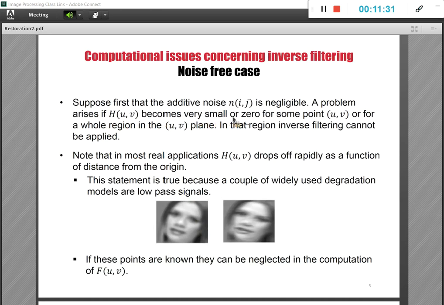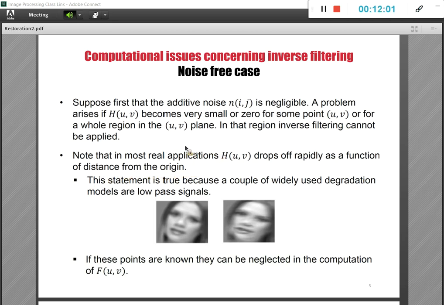If H becomes very small or 0 for some points u, v, for some frequencies, or for a whole region in, for example, the UV plane, in that region inverse filtering cannot be applied, because the denominator is 0. Note that in most real applications H drops off rapidly as a function of distance from the origin.